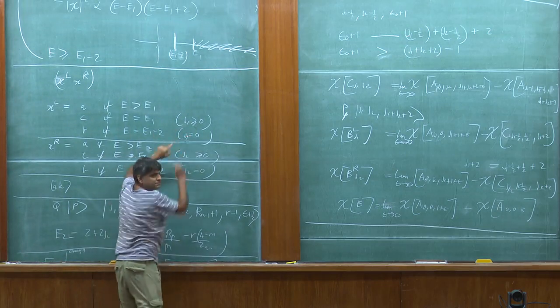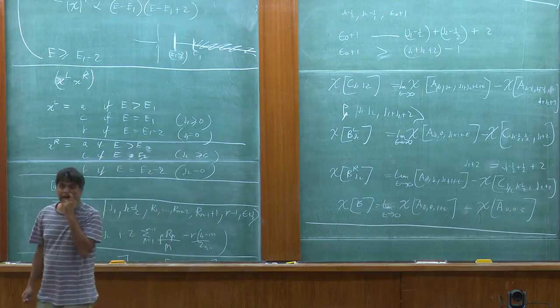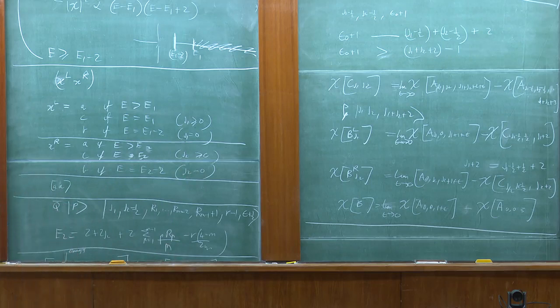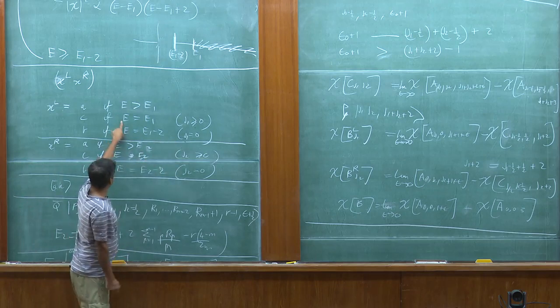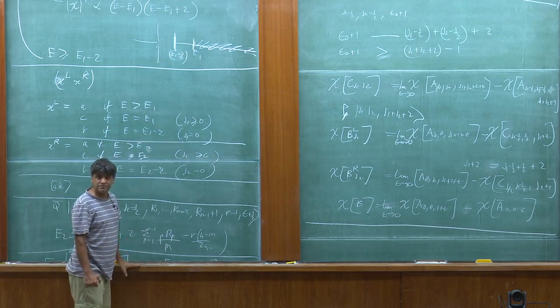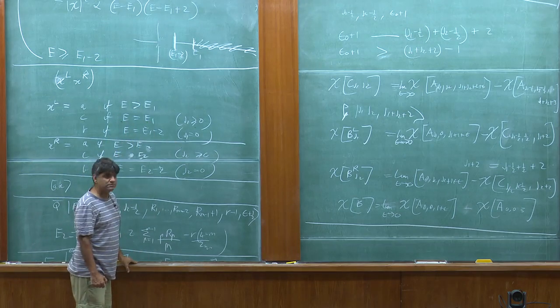So that would be obtained: epsilon not equal to epsilon 1 or J1 equal to 0. Epsilon naught was equal to epsilon 1 minus 2 at J1 equal to 0. For every other one, it was greater than epsilon 1. Right?